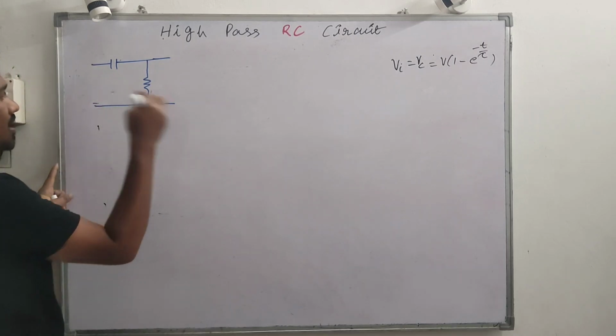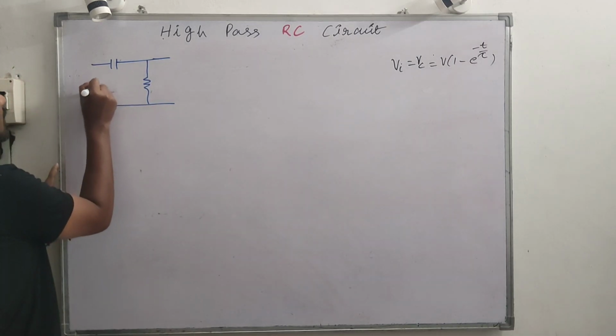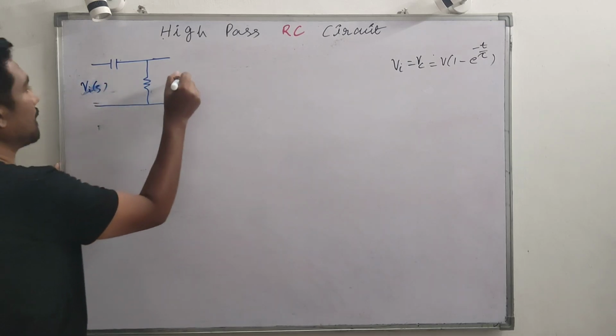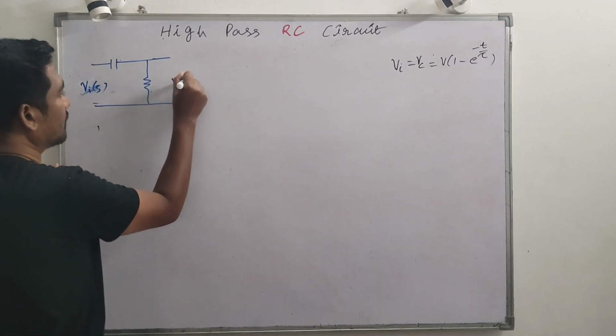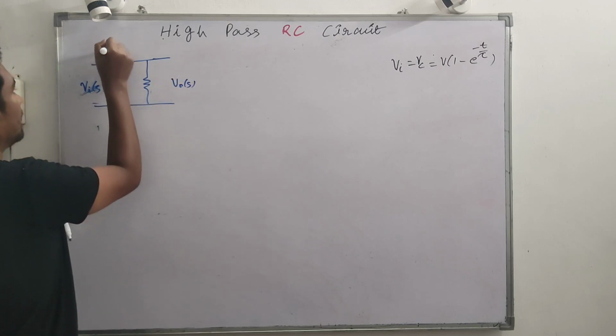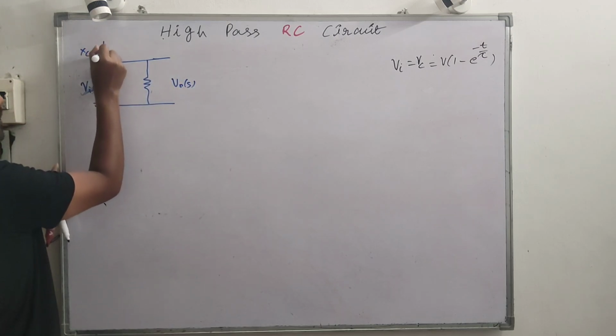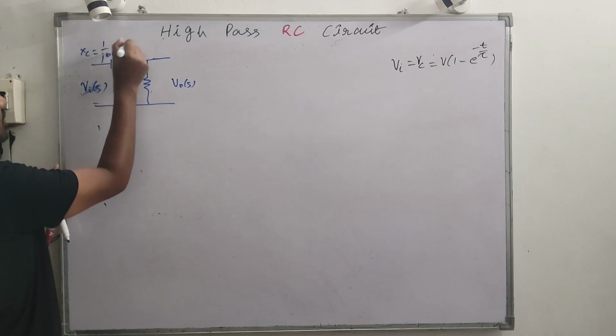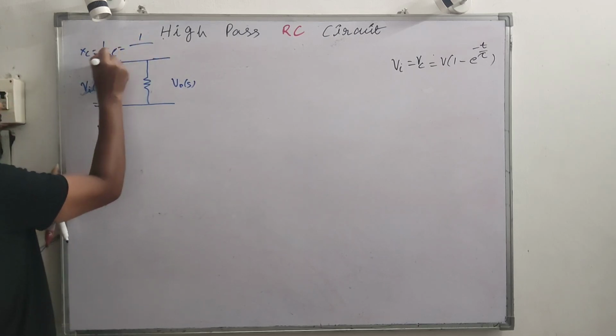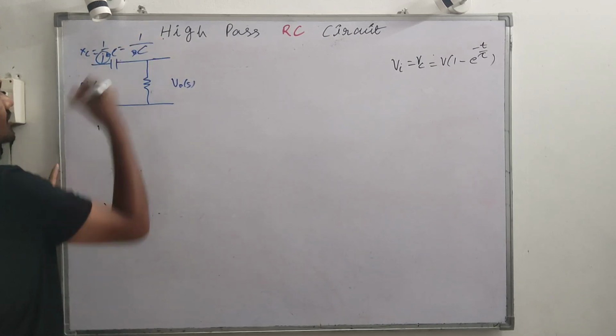Considering the Laplace circuit, it's Vi of S over here, and we have V naught of S at this point, and Xc is equal to 1 by j omega C, the reactance of the capacitor, which with j omega replaced by S is 1 by S C.